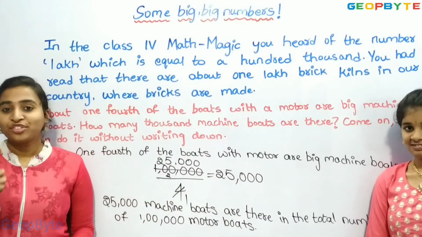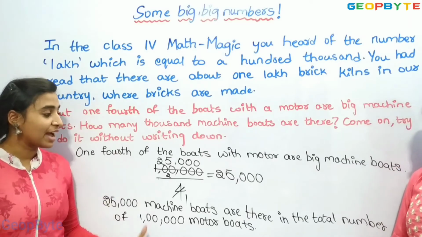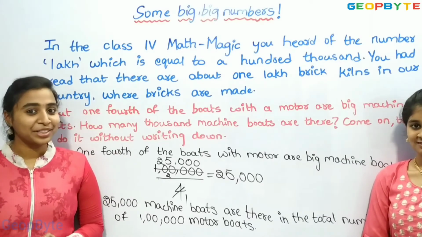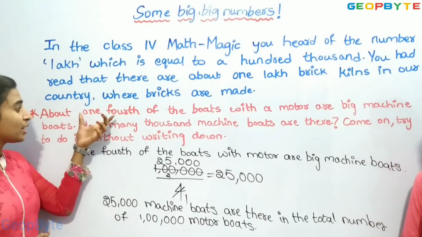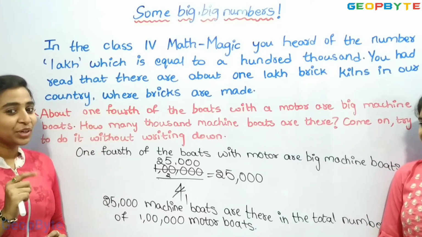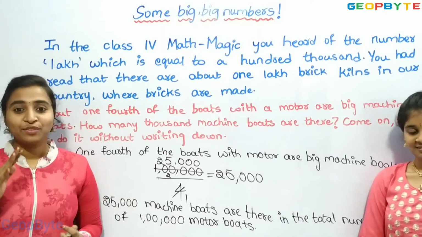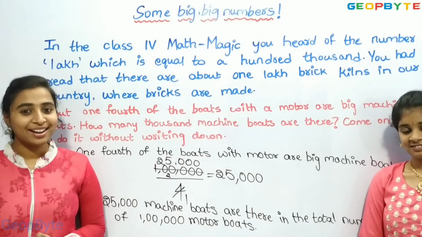So children, for better understanding, we have written on the board. You can calculate directly in the mind: by the condition 1/4 and the total number of motor boats being 1 lakh, if you directly divide by the number 4, you will get the answer.